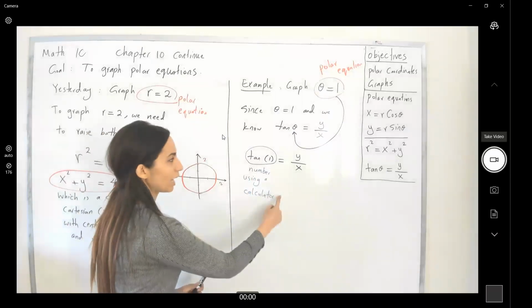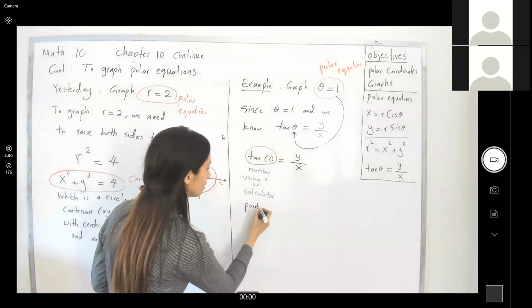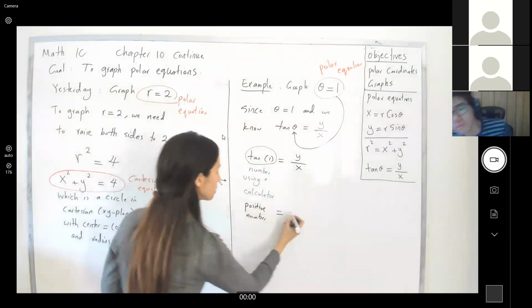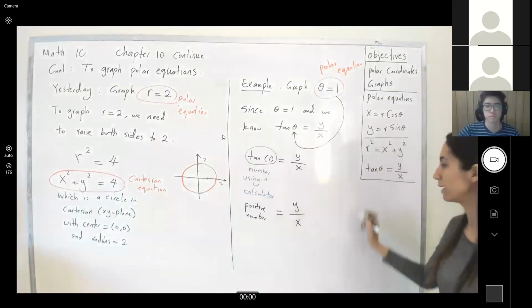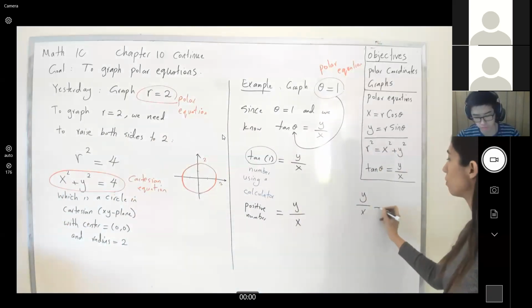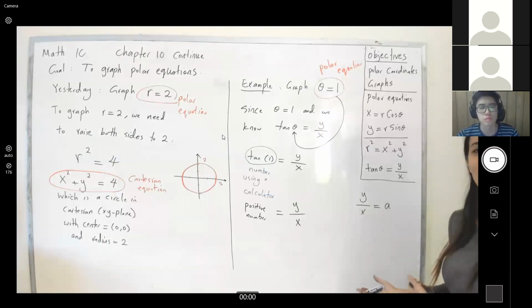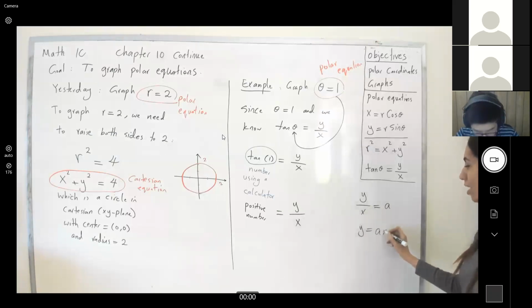So we use our calculator, and you get a positive number. A positive number is equal to y over x. It's like writing it this way: y over x is equal to a number like a. You saw this equation many times in algebra: y is equal to a times x.